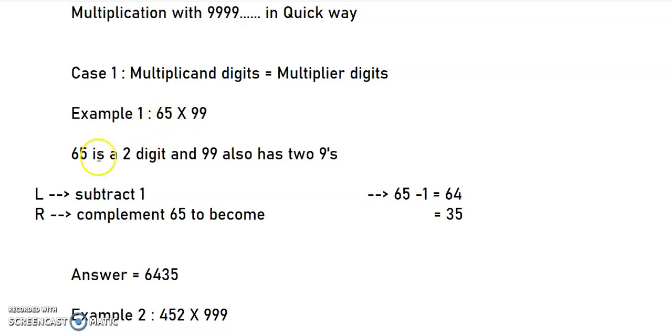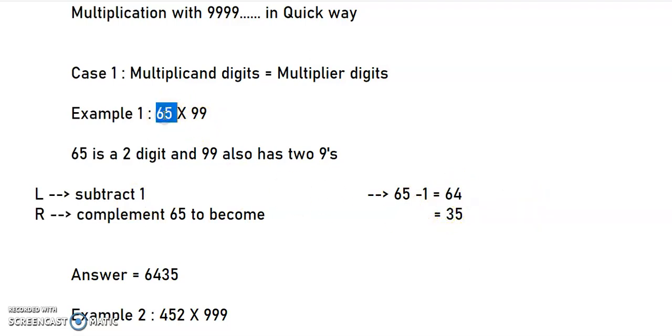See, first we are doing 65 multiplied by 99. It comes under the first case because both sides are balanced: multiplicand digits equal to multiplier digits. So in 65 I am subtracting 1, that is 64.